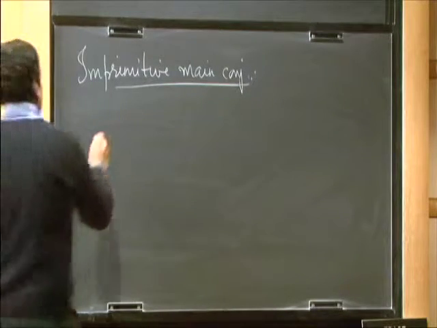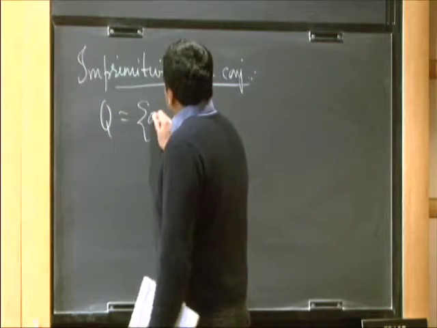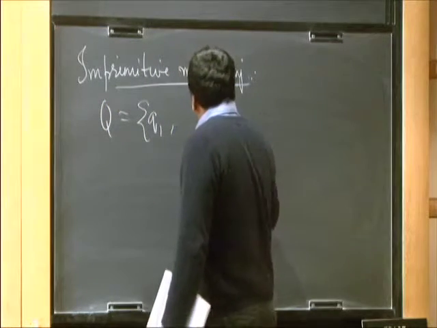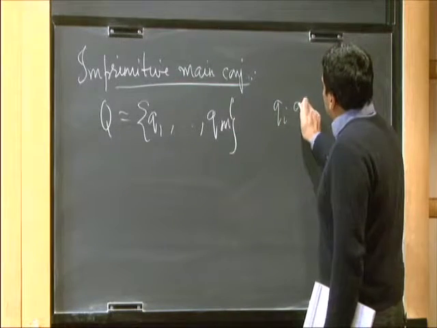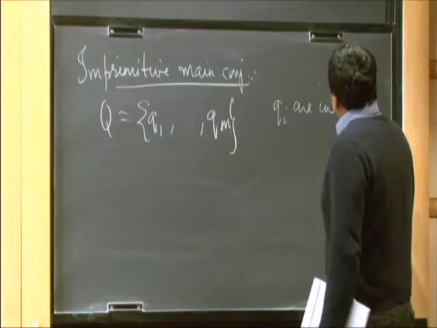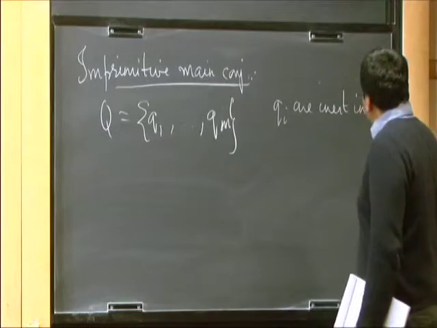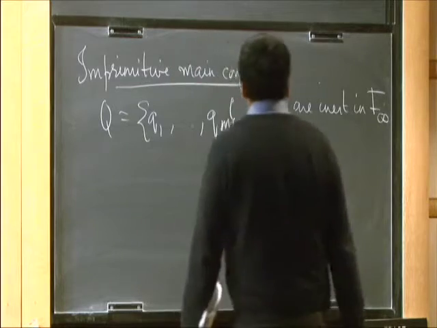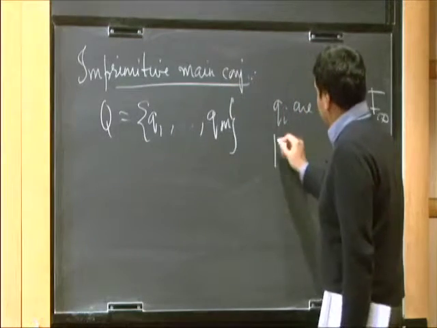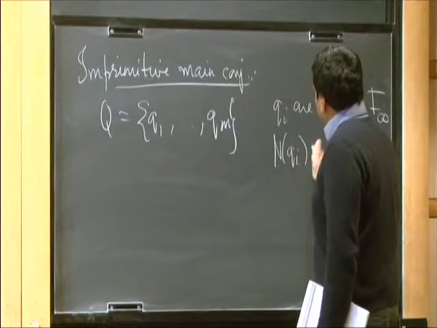So let's say Q is equal to some finite set of primes q_1 up to q_m, and for simplicity I'm going to always assume that the q_i are inert in this real cyclotomic Z_p-extension. These assumptions are not necessary, but I'm also going to assume that norm q_i is congruent to 1 mod p.